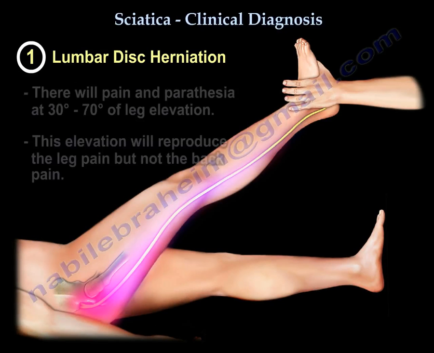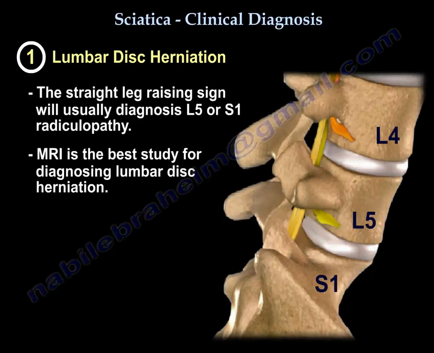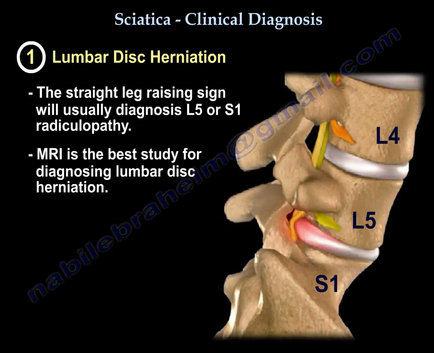There will be pain and paresthesia at 30 to 70 degrees of leg elevation. This elevation will reproduce the leg pain but not the back pain. The straight leg raising usually diagnoses L5 or S1 radiculopathy. MRI is the best study to diagnose disc herniation.